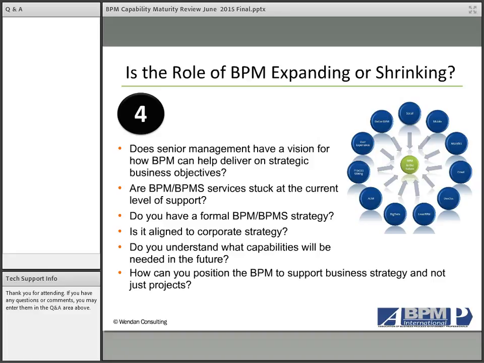You will be starting, and especially if you have a BPM Center of Excellence or Business Transformation Group, whatever it might be called, you're essentially starting an internal consulting operation. And the types of things that we're talking about are things that you'll need to do with your clients.